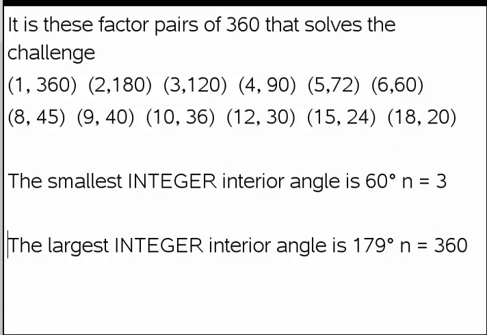That 179 degrees comes from a 360-gon. I guess I could say the Latin version of it, but nobody would understand it and nobody would care. Typically in math you say probably the first 10 or so sides, and then you don't care.